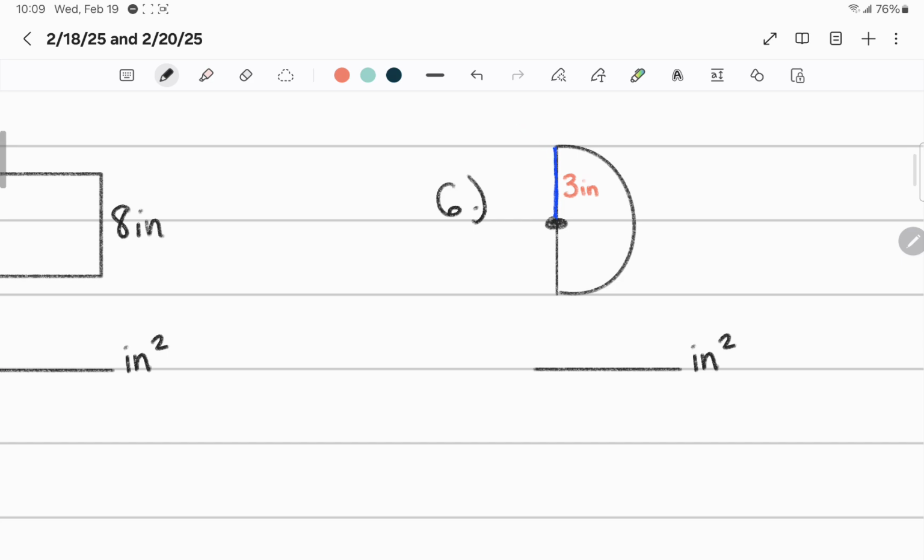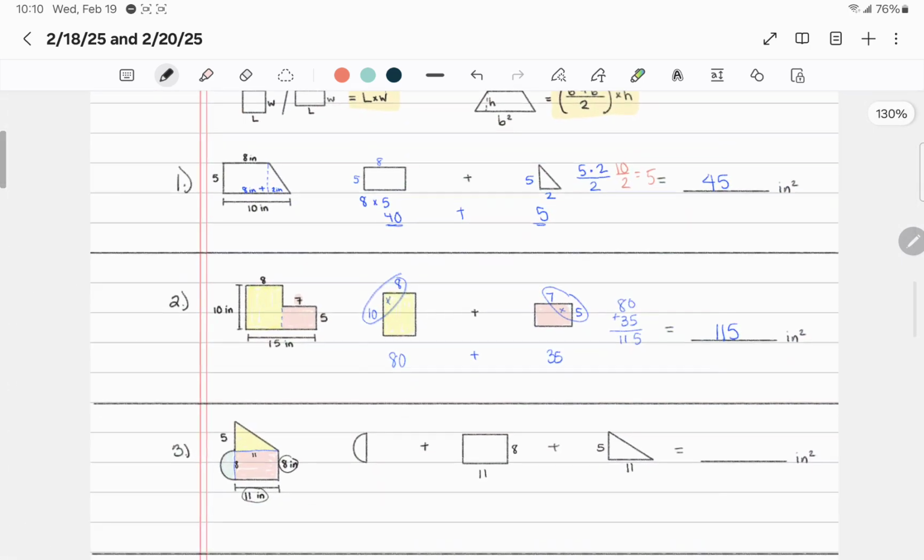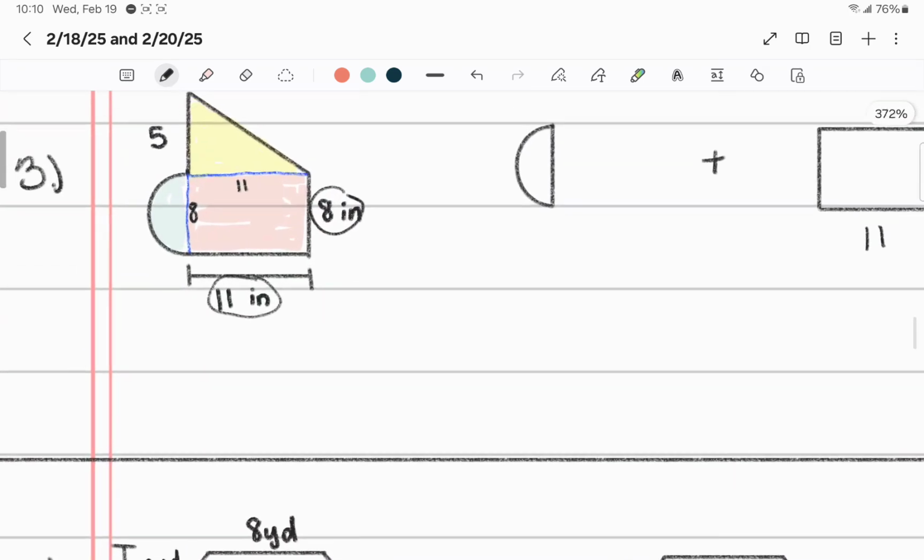Our radius is only this portion right here. So when we do our semicircle, we're doing 3 because that's the radius. If I would have given you the whole line 6, we would have had to divide it by 2 to get half of it. Okay, so when I give you the semicircle, remember to cut it in half.